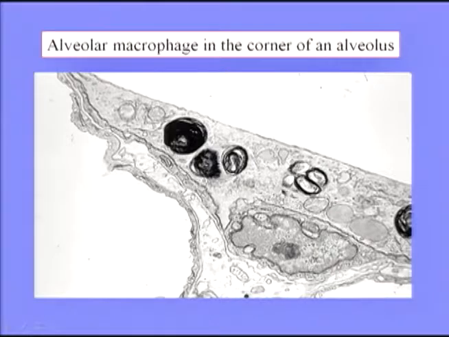So what we've got is the alveolar macrophage lurking in the corner of an alveolus and picking up whatever shouldn't be there and phagocytosing it. And you'll notice that it's picked up some material here, and these are remnants of surfactant. As I mentioned earlier, surfactant turns over quite rapidly, and the remnants are picked up in part at least, by macrophages, as shown here, and this is part of the business of keeping the alveoli clean.